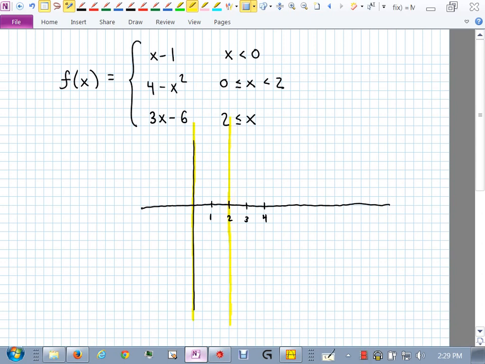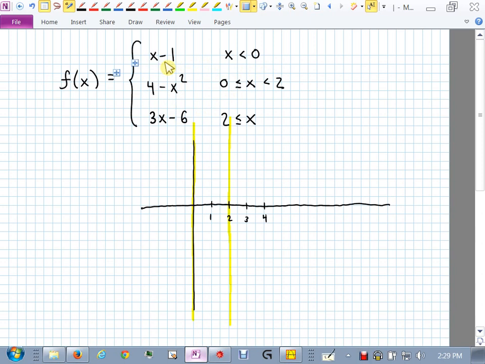So if we could imagine 3 imaginary regions separated by these 2 lines. Everyone understand where those lines come from? Our breaks are at 0. To the left of 0, we're up here. Between 0 and 2, we're this, and then after 2, we're this. Yeah? So I need to draw these on each piece.